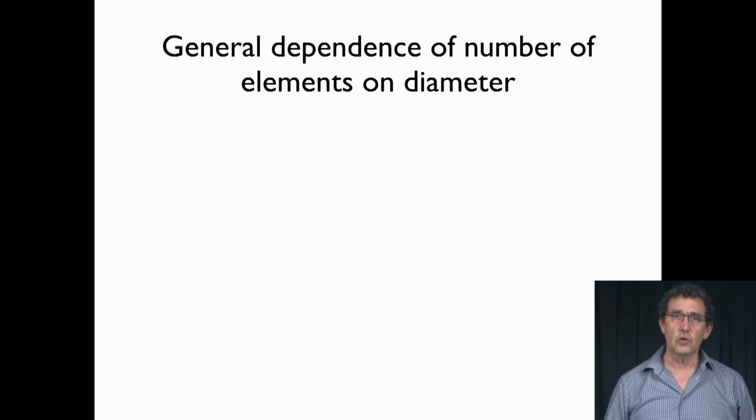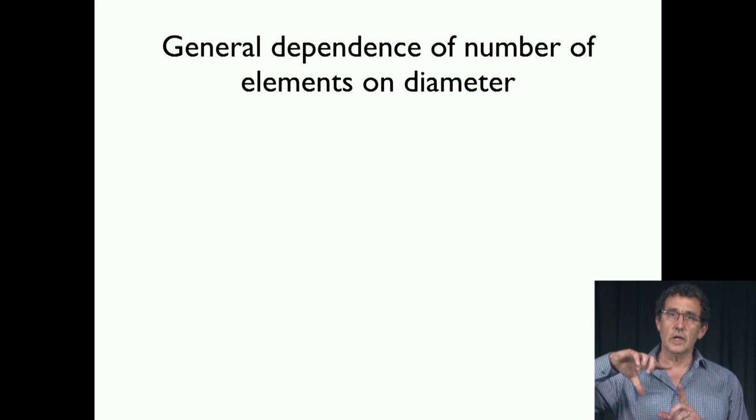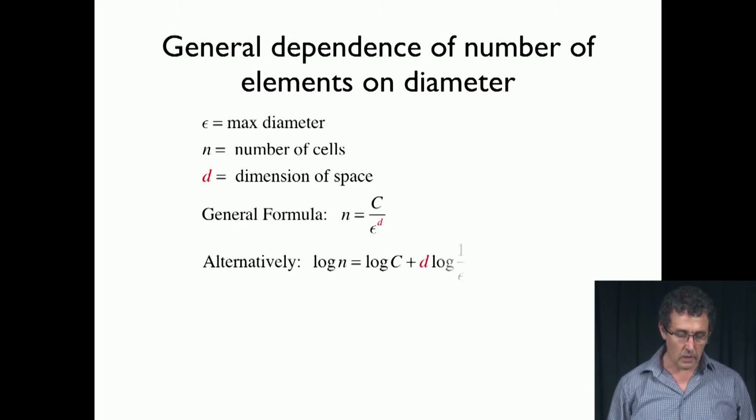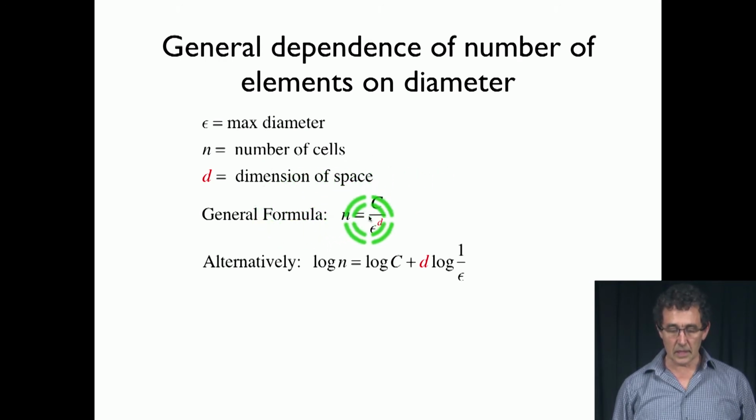We saw that for a segment and a square and a cube, we got particular types of relationships. We can summarize these relationships in the following way. If epsilon is the diameter, n is the number of cells and d is the dimension of the space, then the general formula is that n is equal to c over epsilon to the d, where c is some constant.